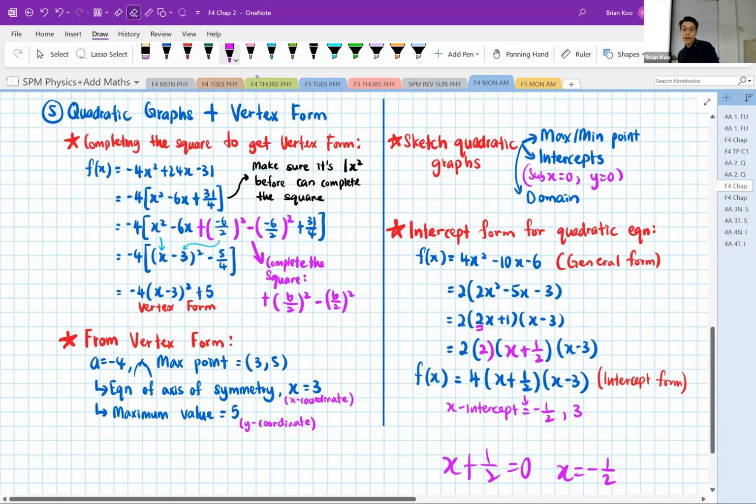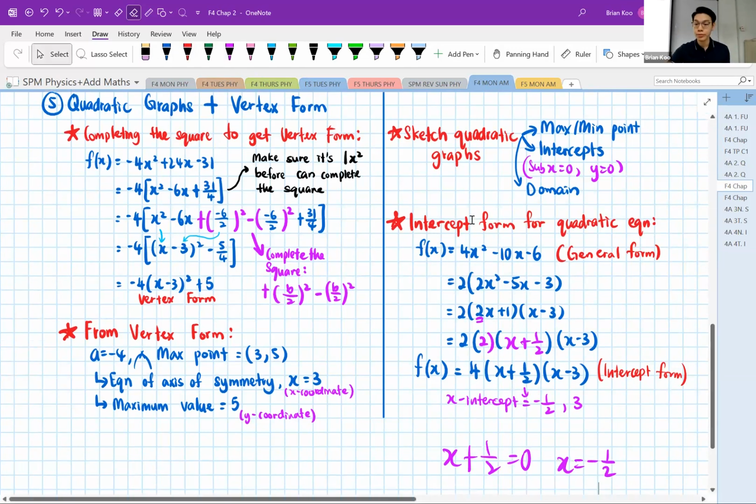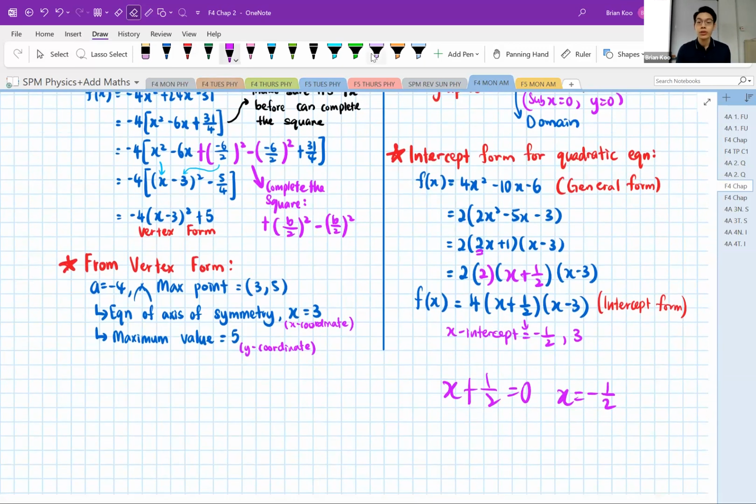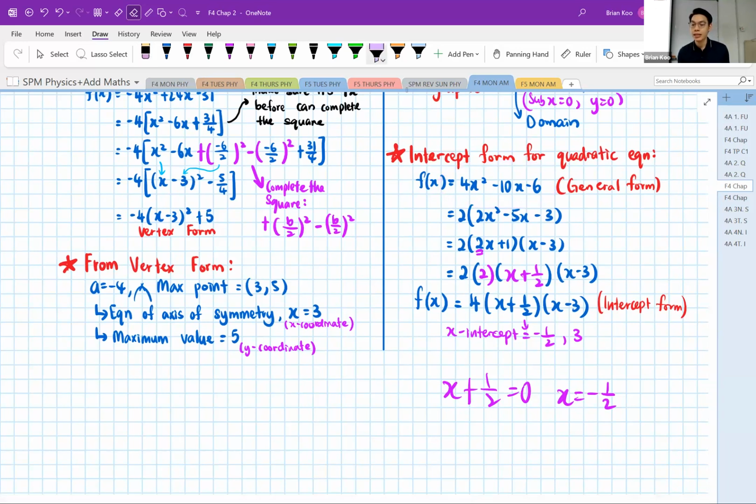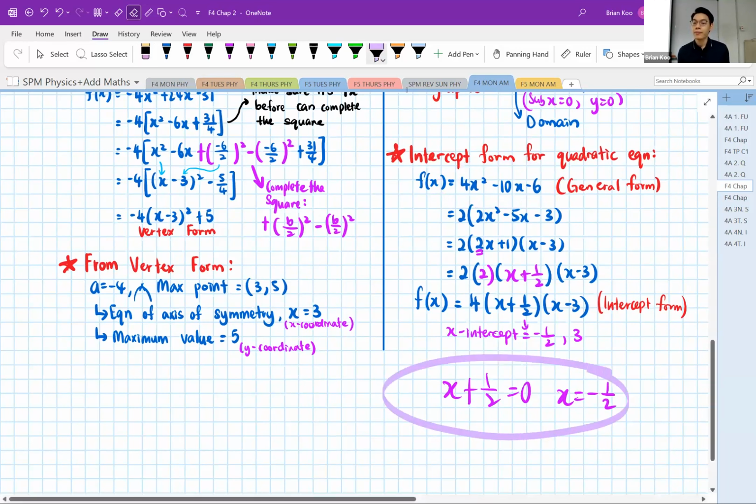That's why it's called the intercept form. If you straight away type in your calculator, you also get the same intercepts. But I don't think you will get the 4 outside here, which makes your equation wrong.